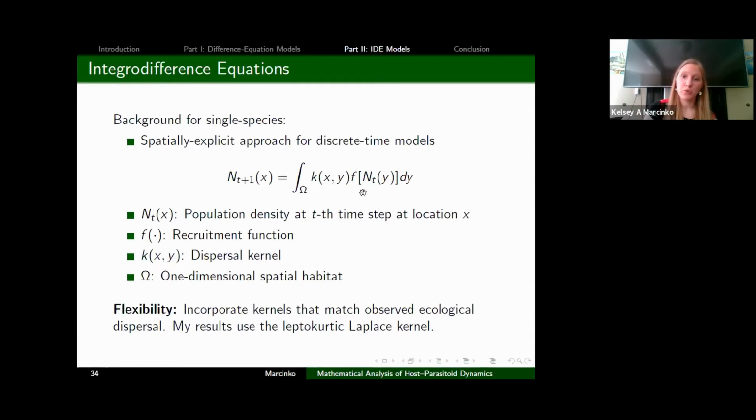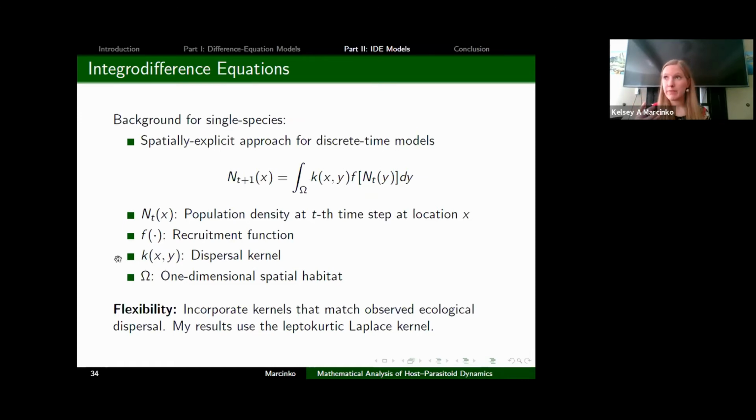So the individuals move from location y to location x according to the kernel, or the dispersal kernel here, and the individuals who end up at location x is the sum over all possible locations y that contribute to location x in our one-dimensional spatial habitat, omega.